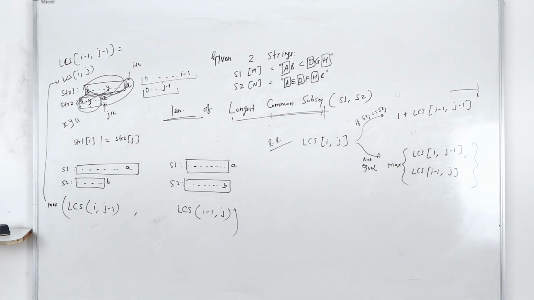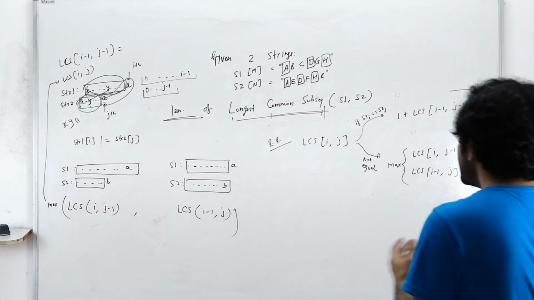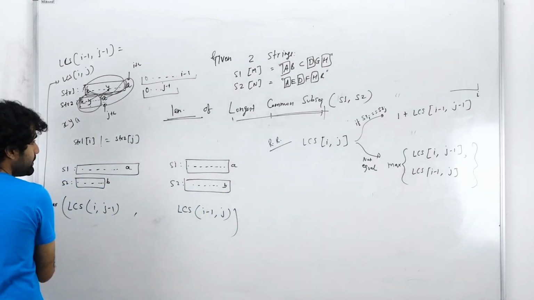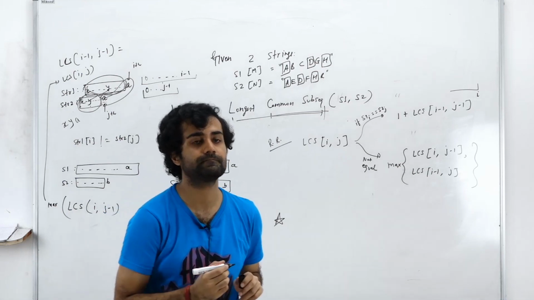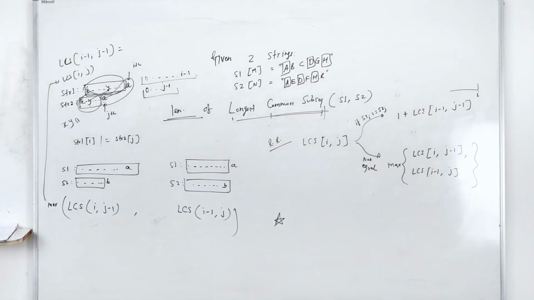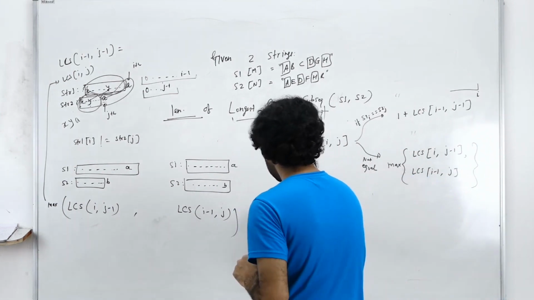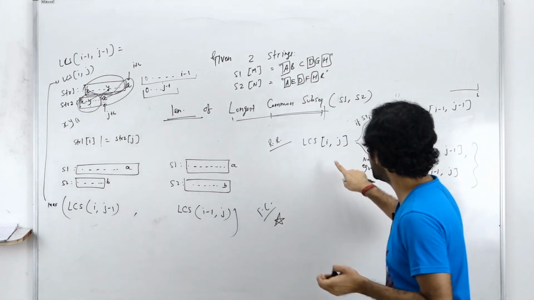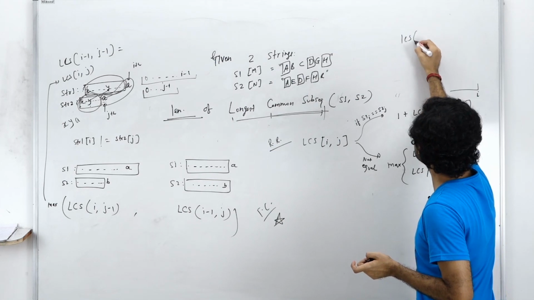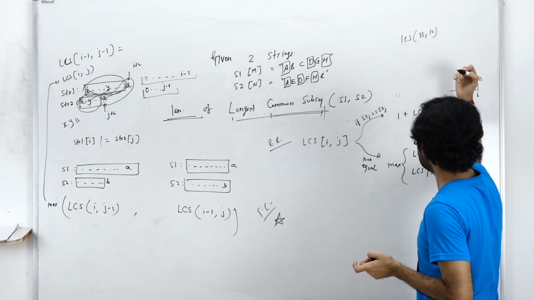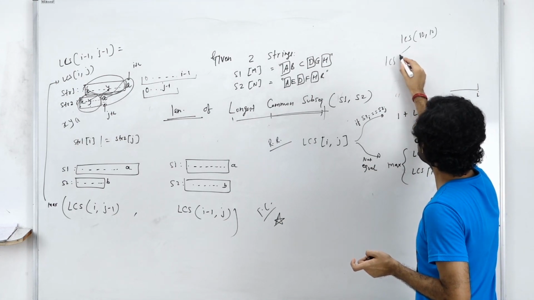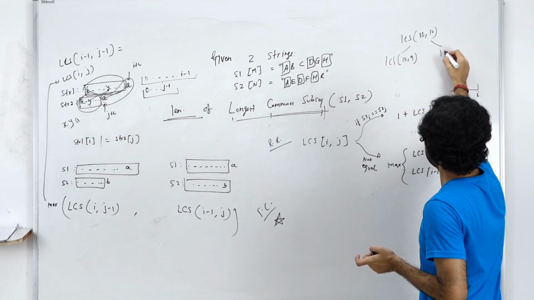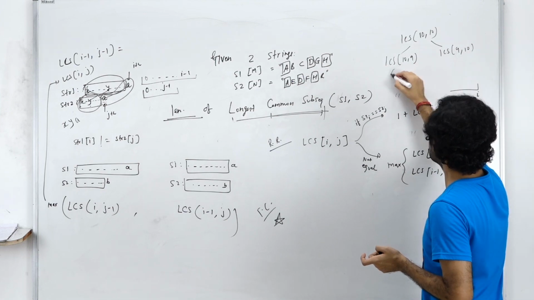Okay, now every recursive code has a recurrence relation, but it also has one very, very important thing. What is that? Yes, that is your termination condition. So can I say that, hey guys, if let's say you start with LCS of 10-10 and let's say this condition was true, then you would invoke LCS of 10-9 and LCS of 9-10, and so on, it will go on and on.